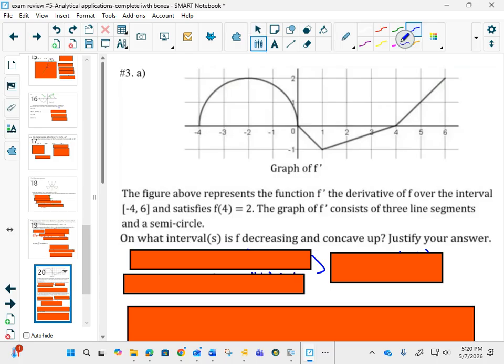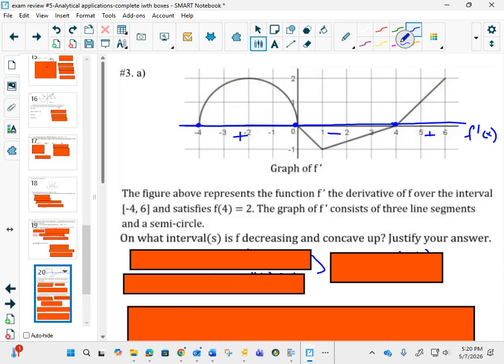So I'm just going to take this graph and draw a number line here and highlight these points. Those are the points where f prime is equal to 0. And f prime is definitely positive here, negative here, and positive there.